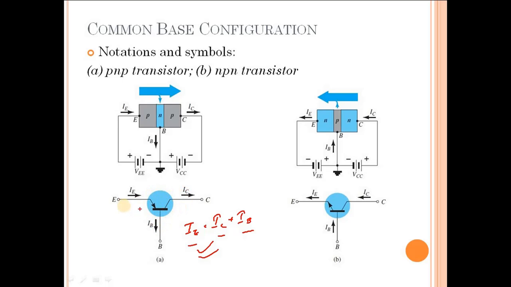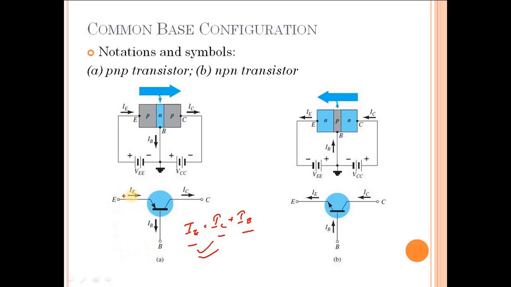So once I do this, I will look into this IE and IC. What polarity of power supply will result in a current in this direction in this very input loop?